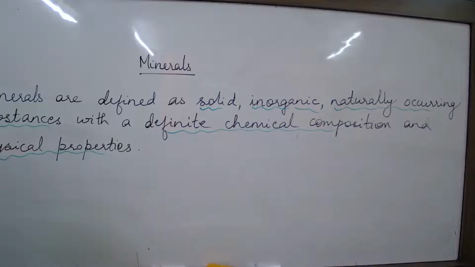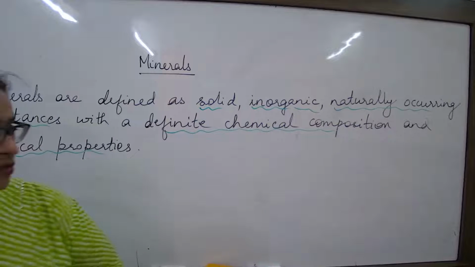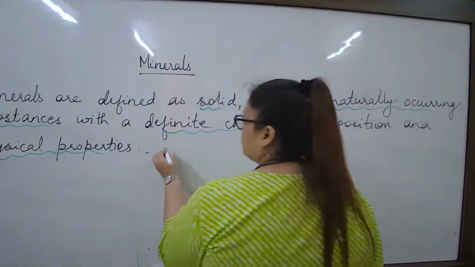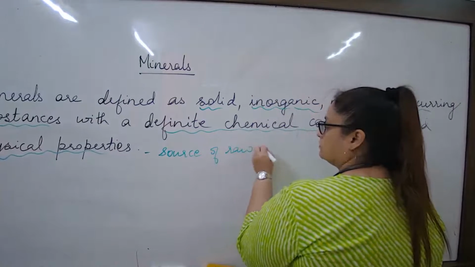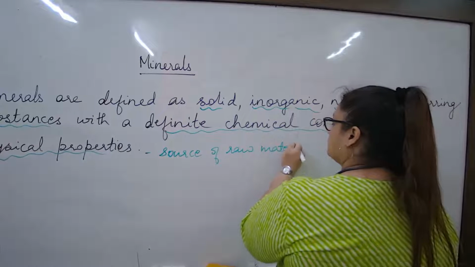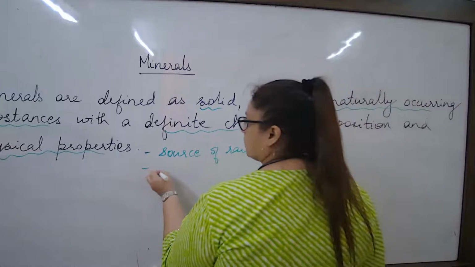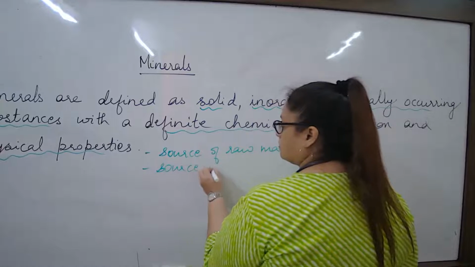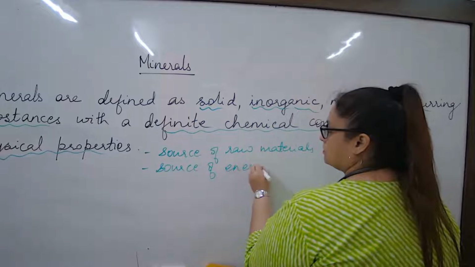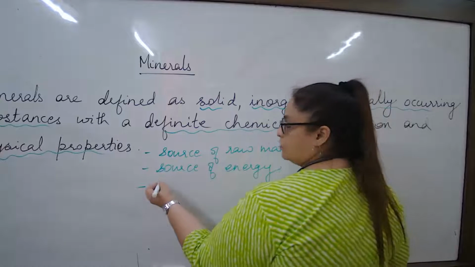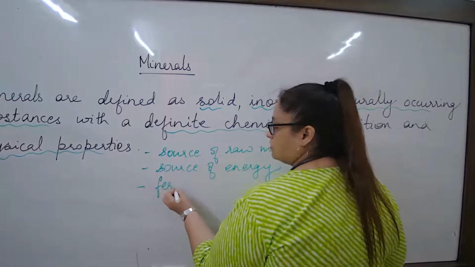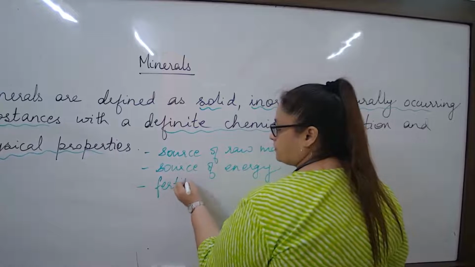So, source of raw materials, source of energy. So, write source of raw materials, source of energy, and fertilizers are also made.